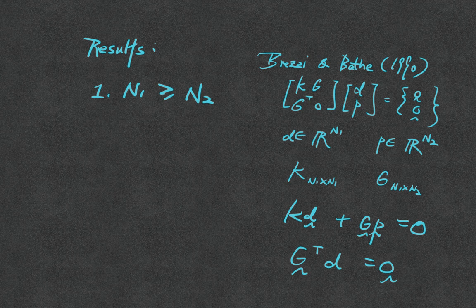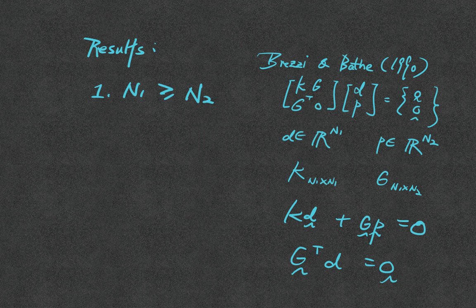We simply have more displacement degrees of freedom in general. It could be a special case where n2 is greater, but in general we are expecting that the K matrix is larger than the 0 matrix. If it's the other way around, that could also be another issue that you need to think about, okay?